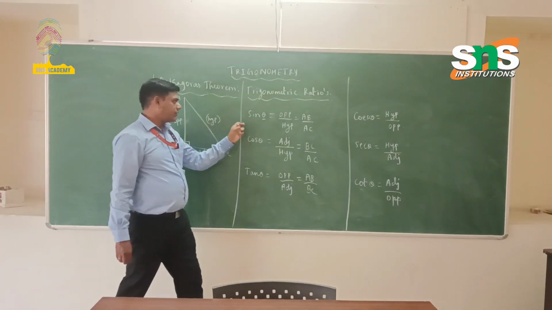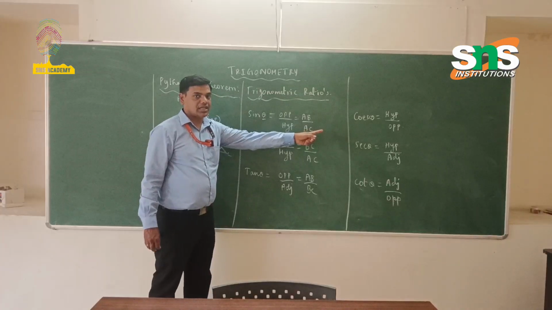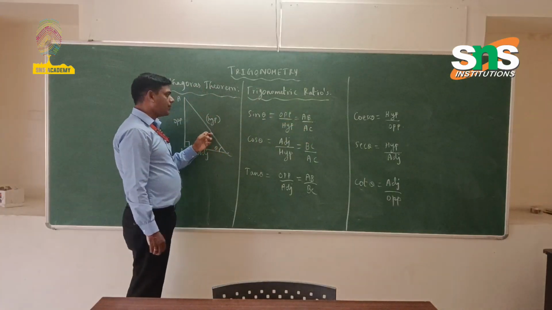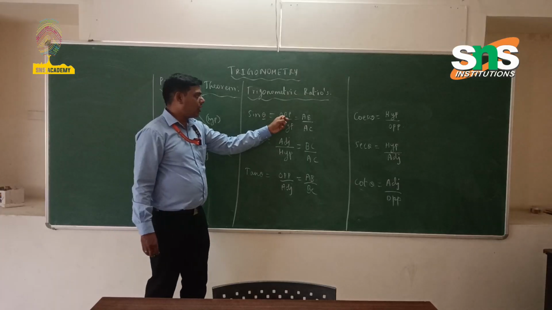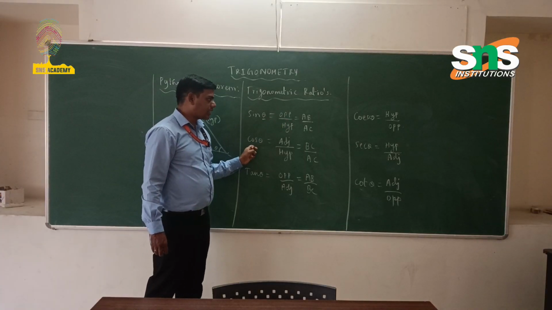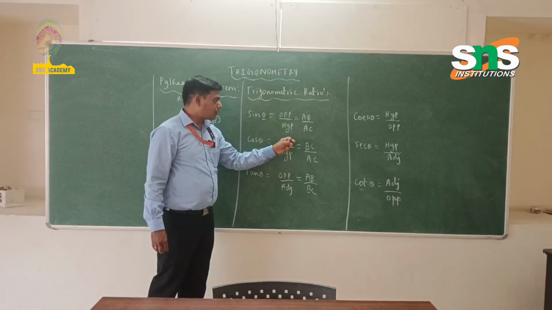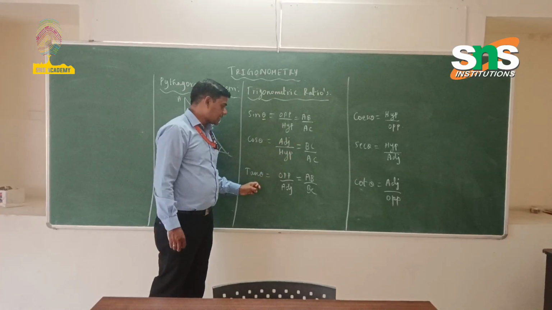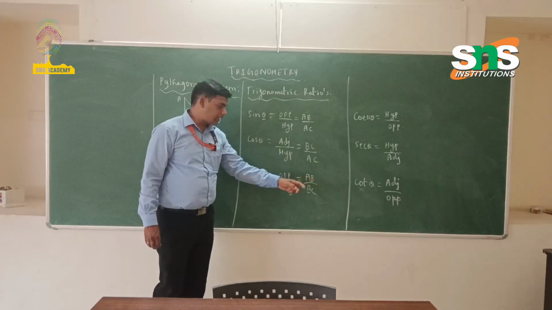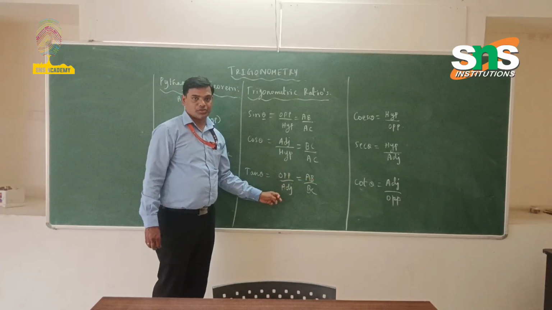For sine, the reciprocal is cosecant theta, equal to hypotenuse by opposite. For cos theta, the reciprocal is secant theta, equal to hypotenuse by adjacent. For tan theta, the reciprocal is cot theta, adjacent by opposite.